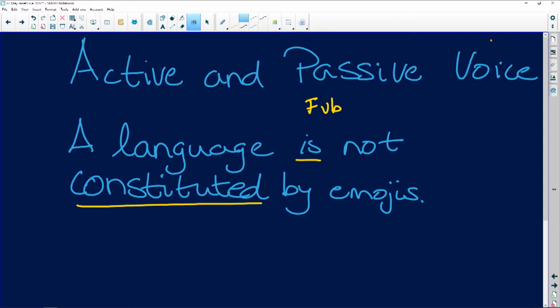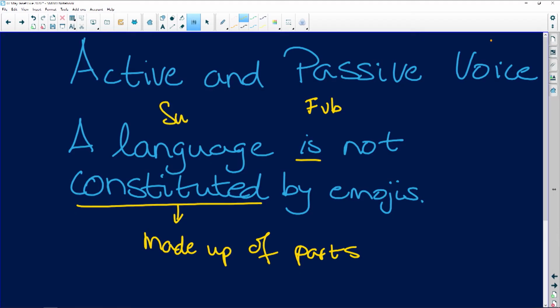Is that what I should be teaching? Is the language doing the constituting? Constituted is made up of parts. Is the language doing the constituting, or is the language being constituted by something else?